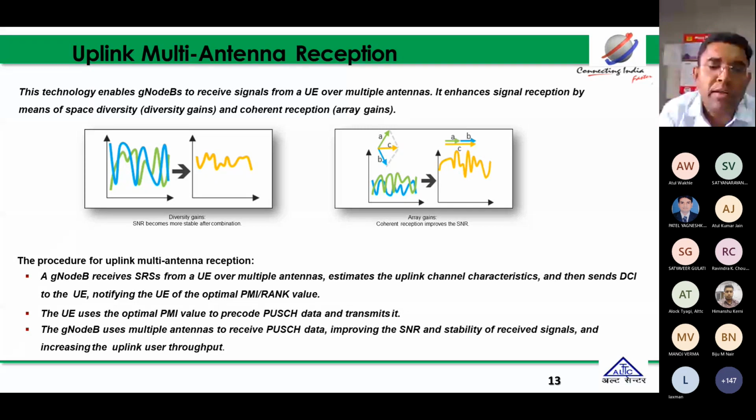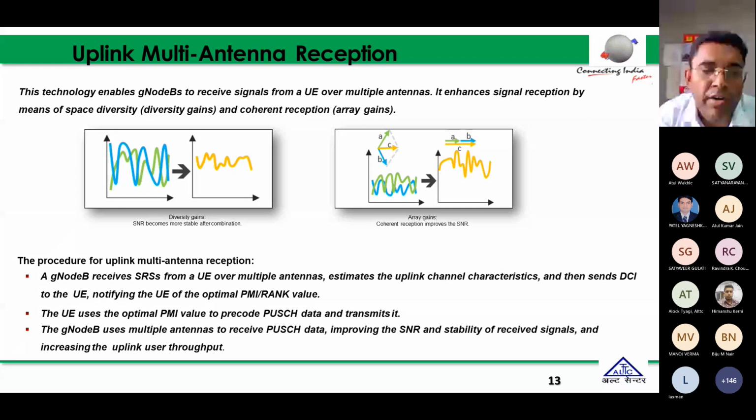is there. For the procedures for the uplink multi-antenna reception, there are 3 steps. First step is the gNodeB. I have already told you the UE actually sends the sounding reference signals to estimate the channels, right?